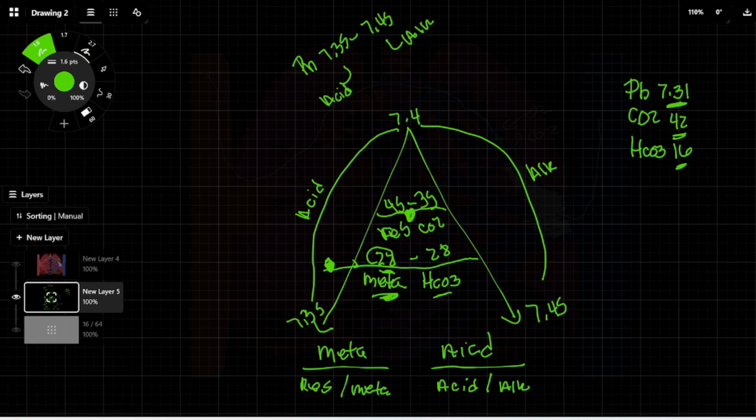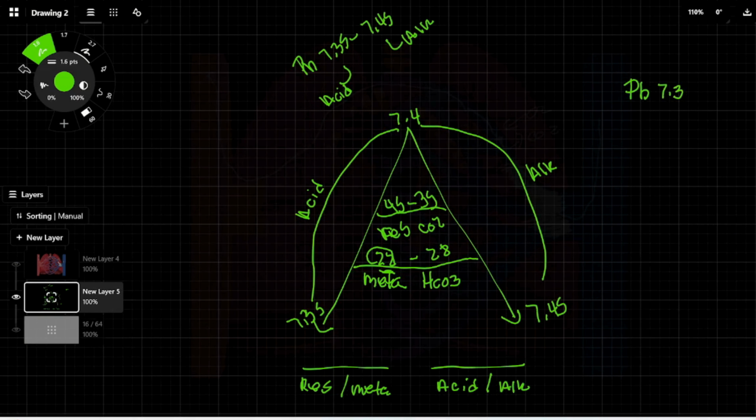So let's try one last one. Get rid of these numbers for you so we don't confuse you. All right, so we're going to go the other way and say that this patient has a pH of 7.48.